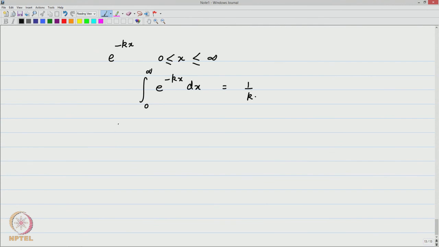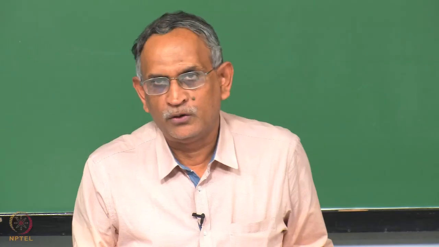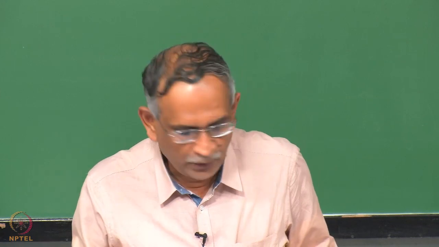Now, what is the integral when you have a power x to the n multiplying e to the minus kx dx, 0 to infinity? I think I have mentioned this in the last lecture, and one can calculate this by a very simple iterative process with n equal to 1 and n equal to 2, and then generally for any value of n.